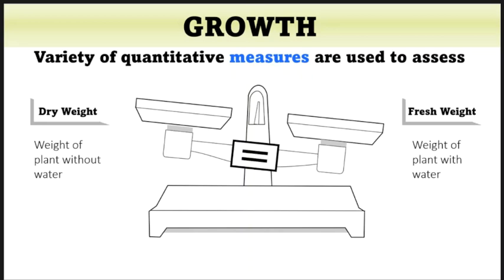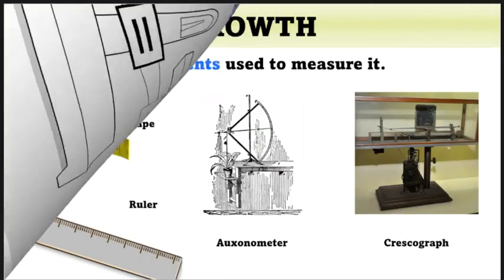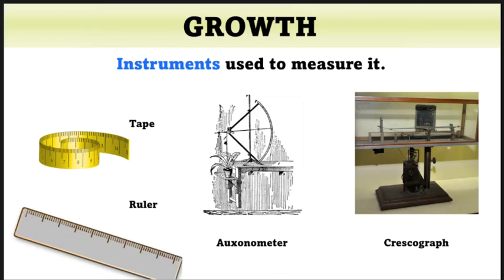Choosing which weight to consider depends on the credibility of each method in individual cases. Since growth is quantitative in nature, it can be measured by choosing proper instruments which can measure size in its different manifestations. Some of the very important growth measuring devices are ruler, tape, auxanometer and crescograph.